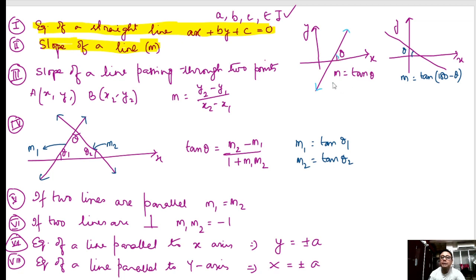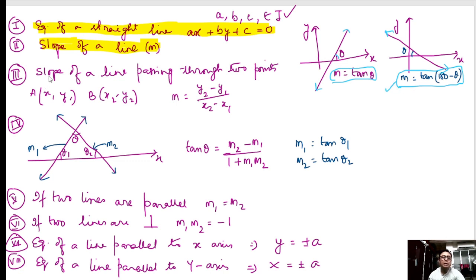So slope will be m = tan theta. Please remember, this theta has to be on the positive side of the x-axis. If the theta is on the negative side of the x-axis, you have to write m = tan(180 - theta). This is how you will find the slope.